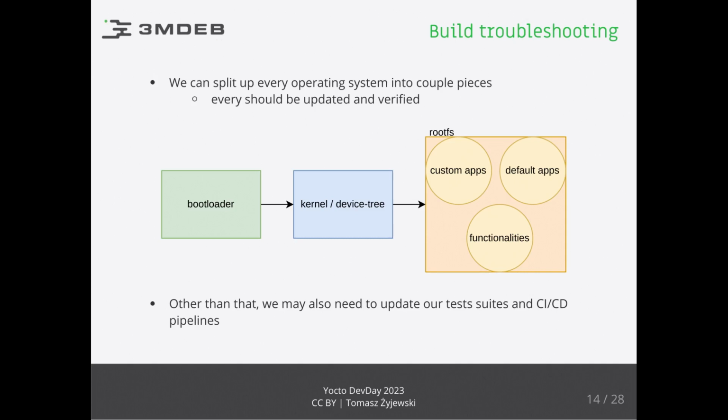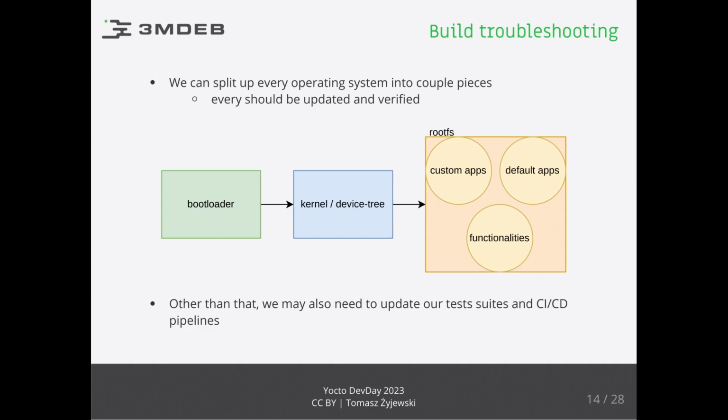Yeah, so in the bootloader, we can have some configuration switches. The environment variables may not work as they were working previously. The boot script may not work also. In the kernel and device tree, we also may have some problems with the configuration and maybe drivers.